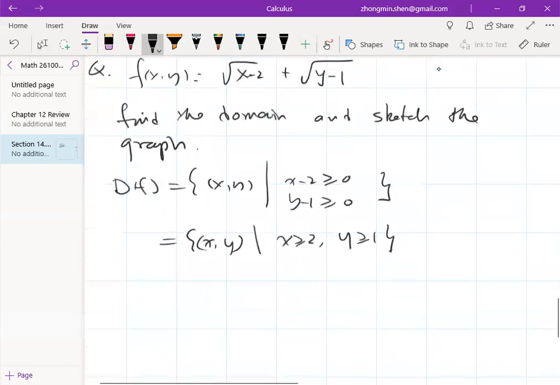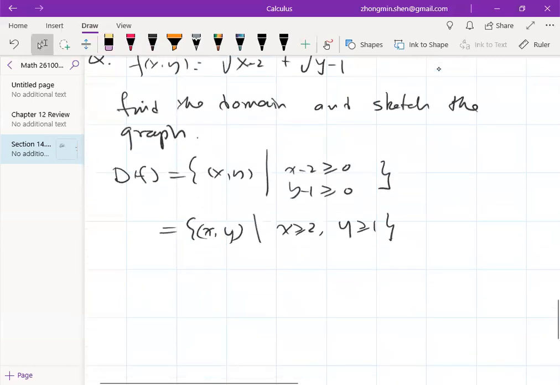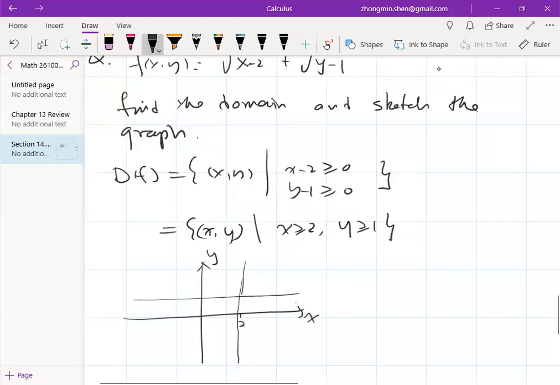So what kind of domain is this? Well, you have to draw the graph. This is the x-axis, this is the y-axis. x cannot be less than 2, so here's 2. You draw the line, and x should be on the right-hand side of this line. y cannot be smaller than 1. This is 1.